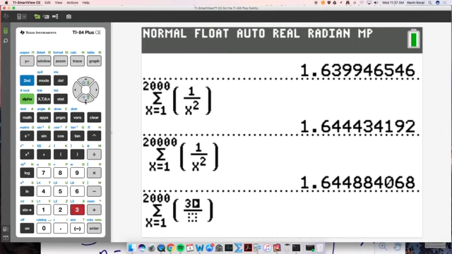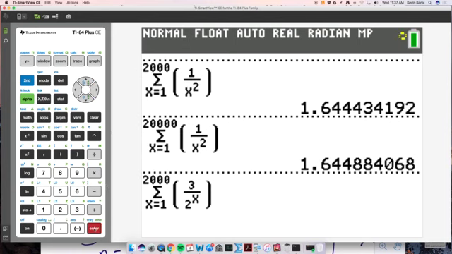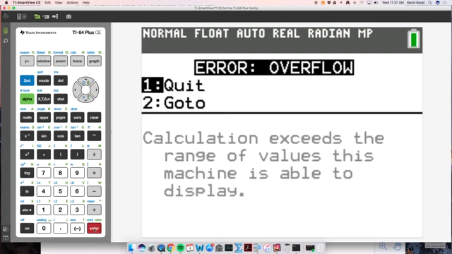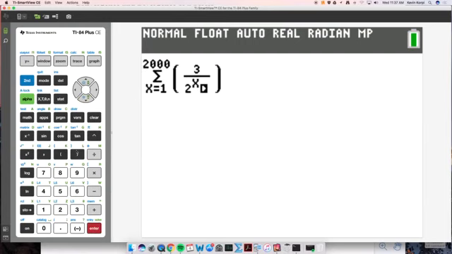You can still call it the rule of sequence. 1 over 2 to the x power. And then you hit enter. And it should be something close to 6. Okay, so remember, because it's exponential with the integral, we couldn't go out so far because it converged so quickly. Because this one's geometric, it gets so small so fast, I already overloaded it. So let's back off a factor of 10 and do 200.